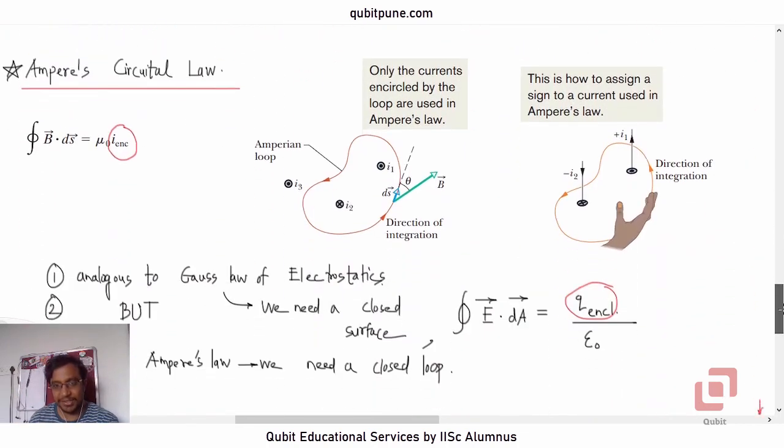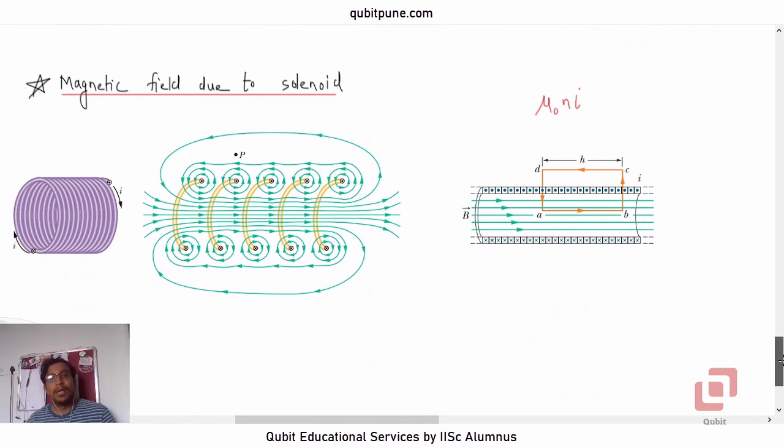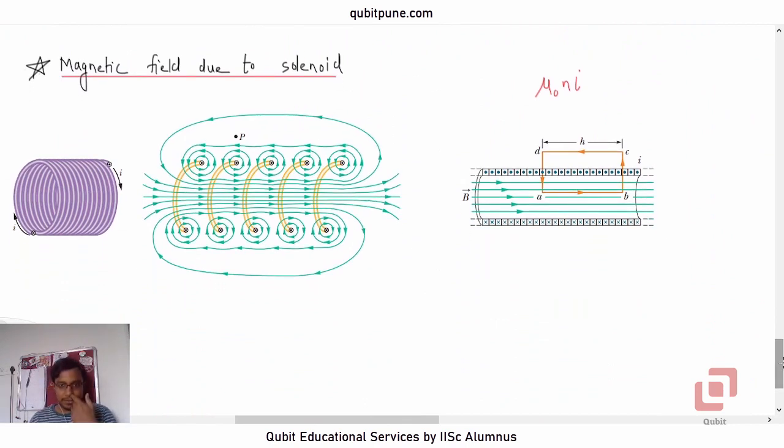Now in our ideal solenoid, we assume that magnetic field inside is uniform. The lines are parallel. This is the actual diagram zoomed out. I have separated the adjacent turns of the solenoid, but you can ignore that part.